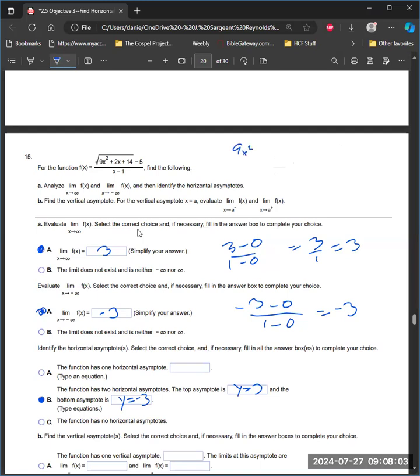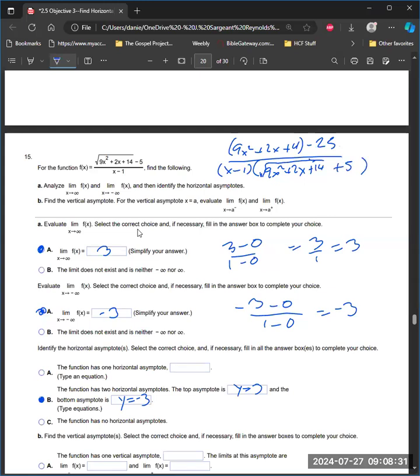Square root of 9x squared plus 2x plus 14, minus 5, times 5 is 25, over x minus 1 times root 9x squared plus 2x plus 14 plus 5.